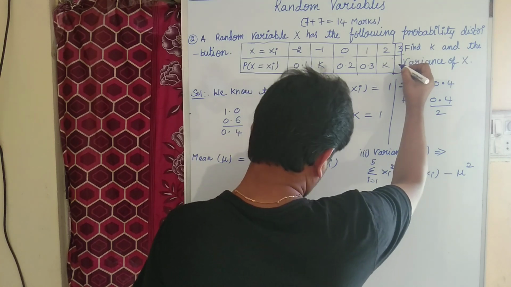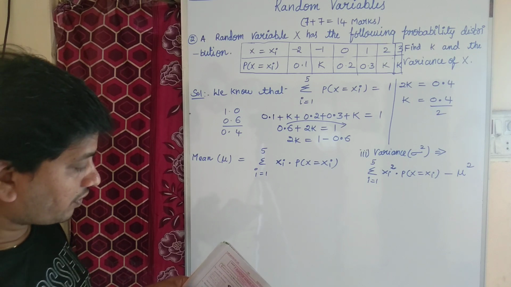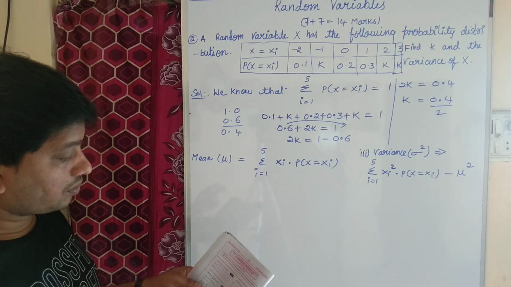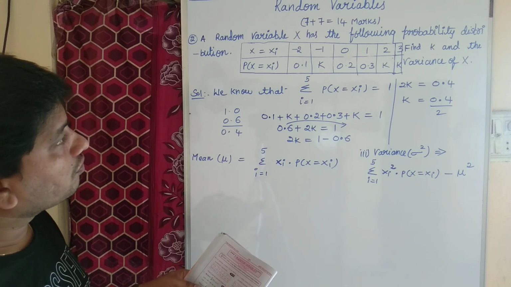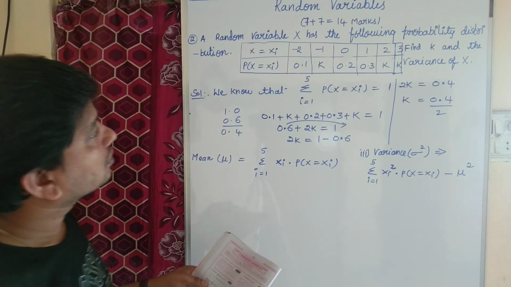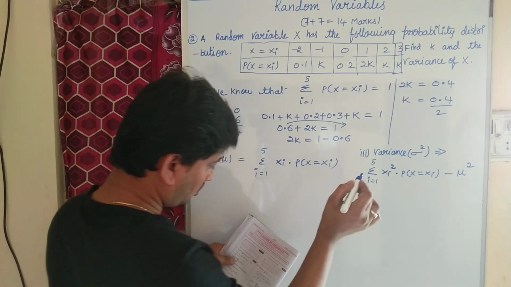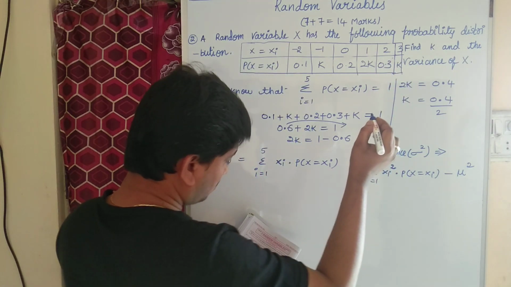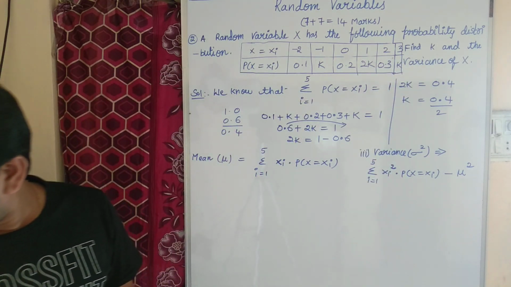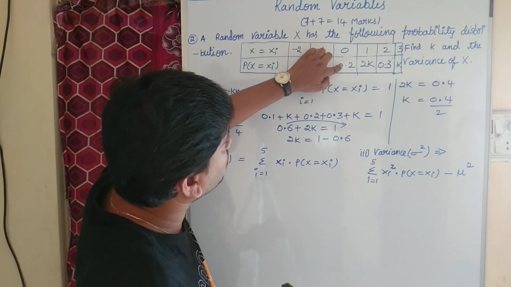For 3 we have k, 0.1, k, 0.2, 1 means 2k, 2 means 0.3, 3 means k. Okay.